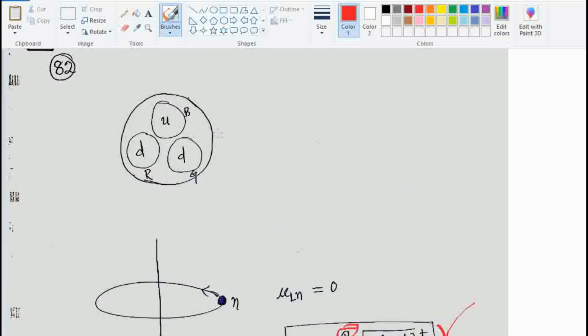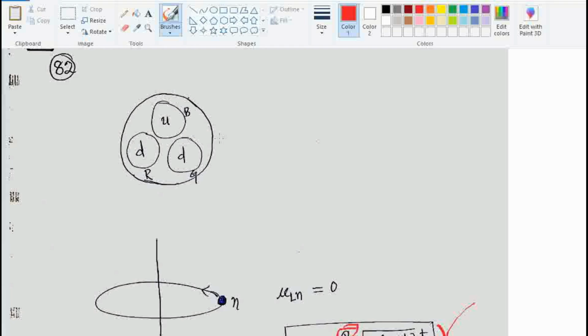Okay, but you should know how this spin angular momentum arises. For that you should know that there is an internal structure of a neutron, that is, it consists of 2 down quarks and 1 up quark.